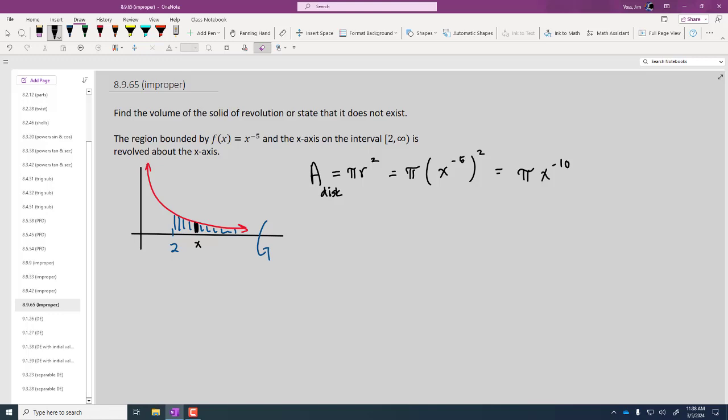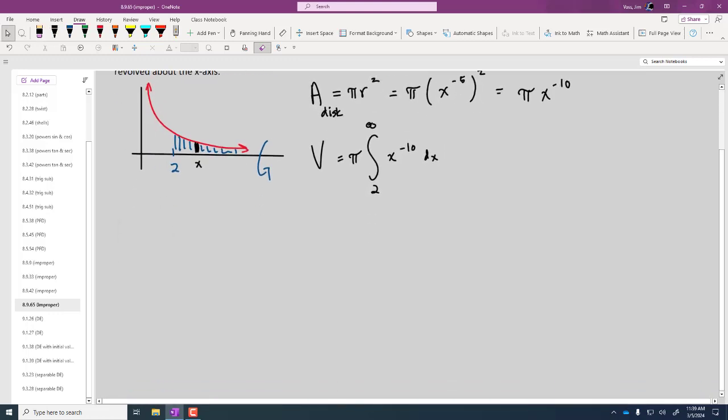So that tells us the area of the disk at x. Depending on your x value, you plug it in there and you get the area of that little disk. The volume is found by integrating the area. So we're going to integrate x to the -10 from 2 to infinity.